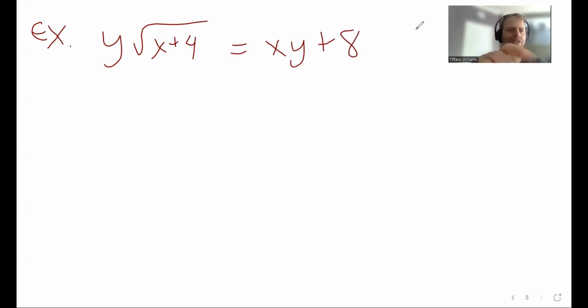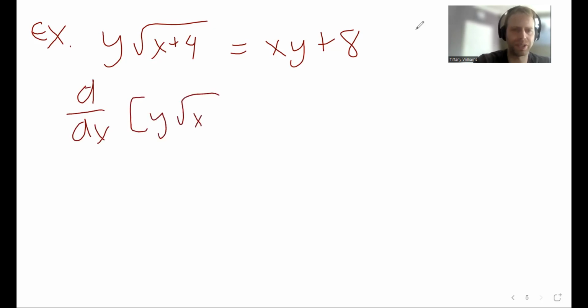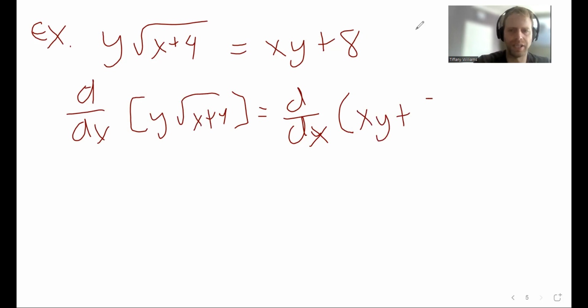We take the derivative with respect to x of y times the square root of x plus 4, and set that equal to the derivative with respect to x of xy plus 8.